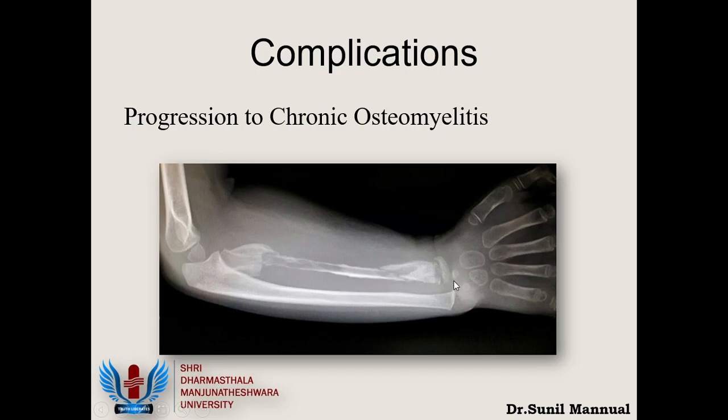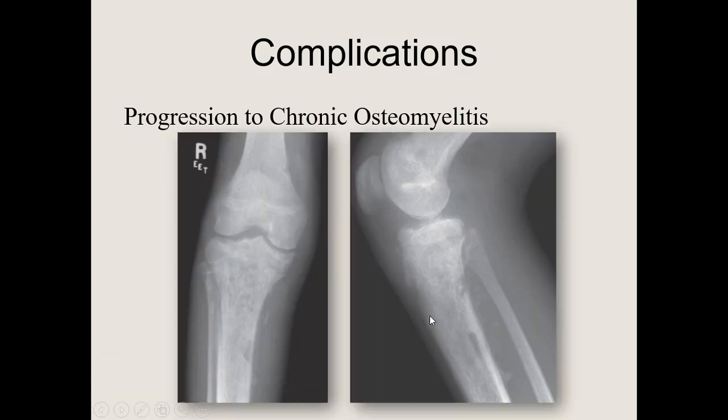This is one of the cases that was referred to us from the periphery, where the treatment for the acute osteomyelitis was inadequate, and by the time the child came to us there was a diffuse swelling of the forearm. You can clearly see the soft tissue swelling here, with a completely osteomyelitic radius. This is again a proximal tibia osteomyelitis that is now progressing into chronic osteomyelitis.